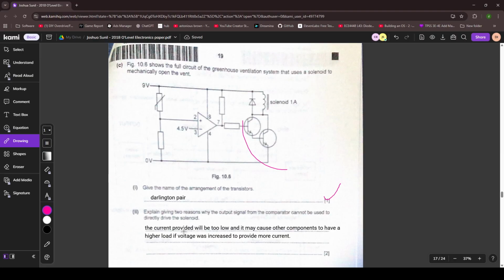The current provided, the current supplied, I guess, or the output current, but I guess provided is okay. The current provided will be too low, and it may cause other components to have a higher load if voltage was increased to provide more current. This is okay, but this is kind of redundant.